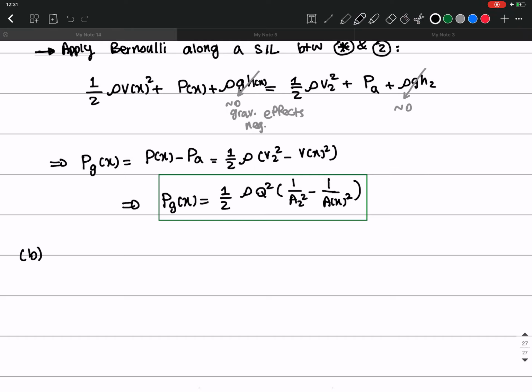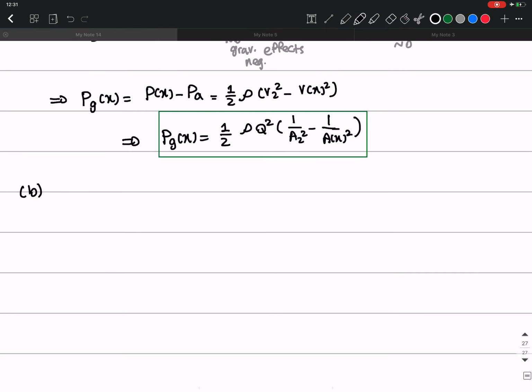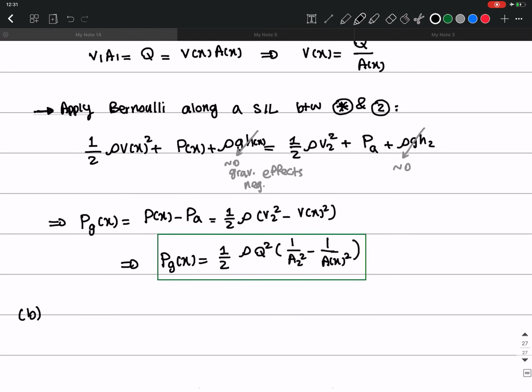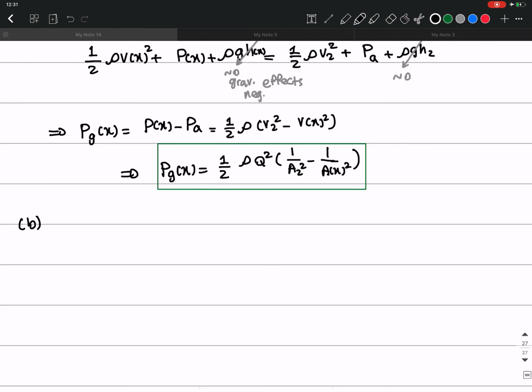Let me first show it, and then I will explain how we can do it. Say we are looking at this star point, some arbitrary point, and I want to show the force that is applied on the nozzle here. So we have some section like this, the x component of it, and here it is.